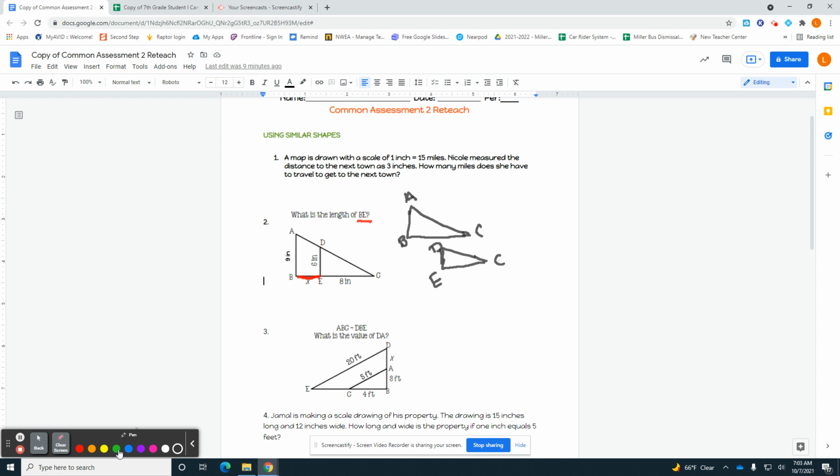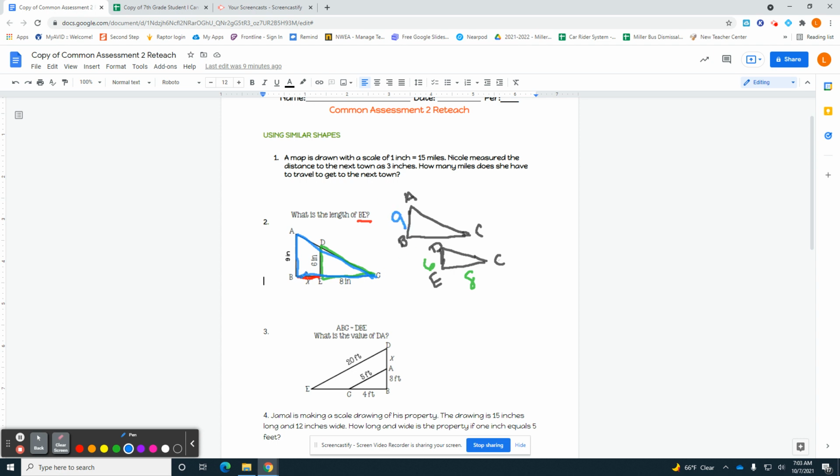And on triangle DEC, I have that EC is 8 inches and DE is 6 inches. Now let's look at triangle ABC. Triangle ABC tells me AB is 9 inches.